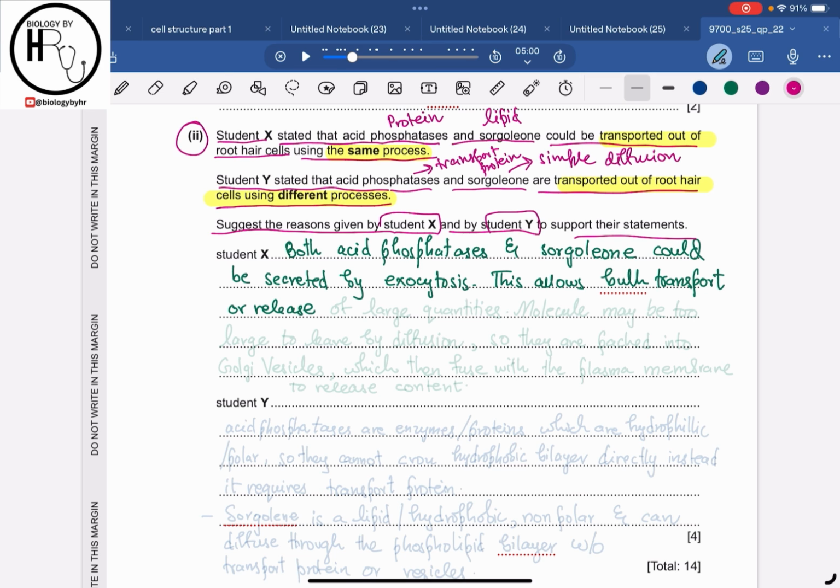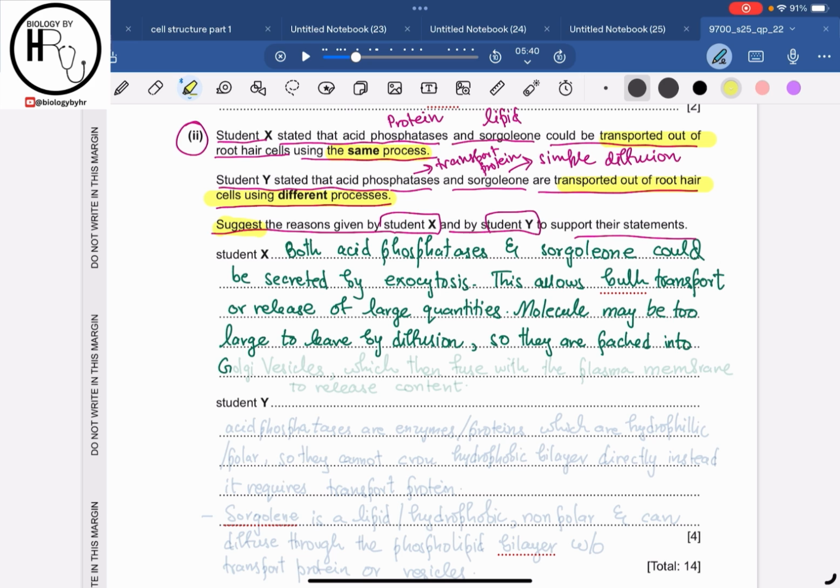So this allows the bulk transport or the release of large quantities out of the cell. Because this is a suggestive question, we have to suggest the answer. So we are suggesting that maybe the molecules are too large to leave by diffusion.